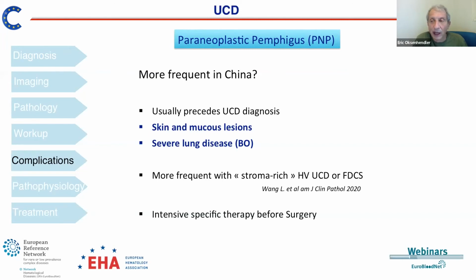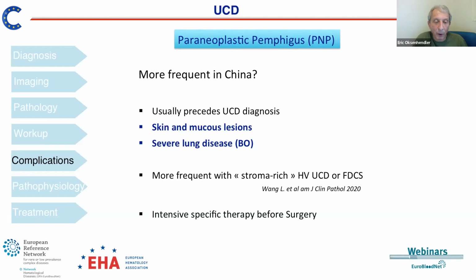We don't know yet if there is a genetic predisposition in this population or just a bias, as we know that most of the cases of this series have been first referred to a dermatological ward. However, in nearly all cases, PNP precedes UCD diagnosis.